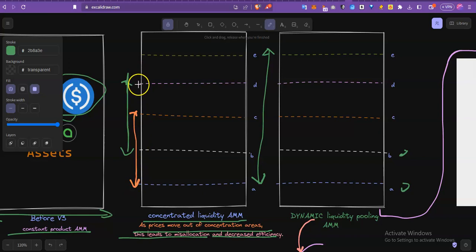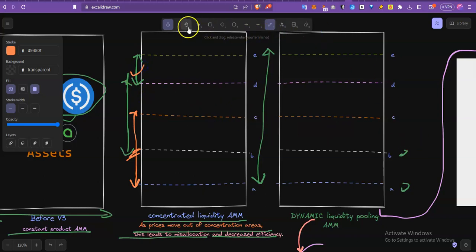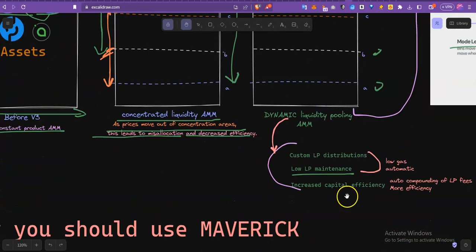Now I want to move from here to here. So first, you have to spend gas to remove this position, and then another gas to get this position, right? But for this case, there is none of such.